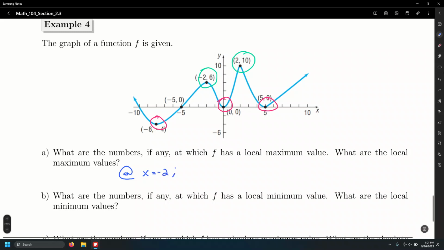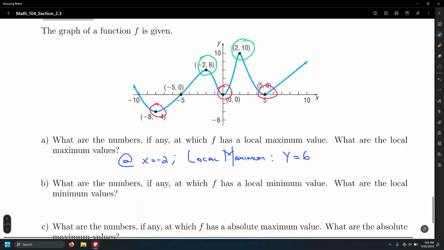And now they're asking us for the local maximum value, that is the y value, which will be the corresponding y value of the ordered pair. And it looks like there's only one local maximum. The other maximum will be the absolute maximum.